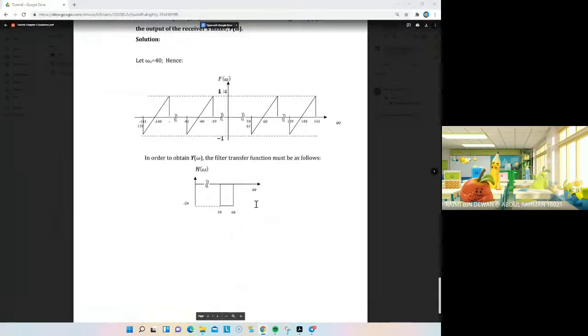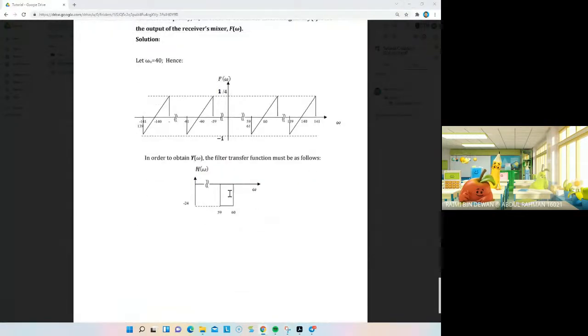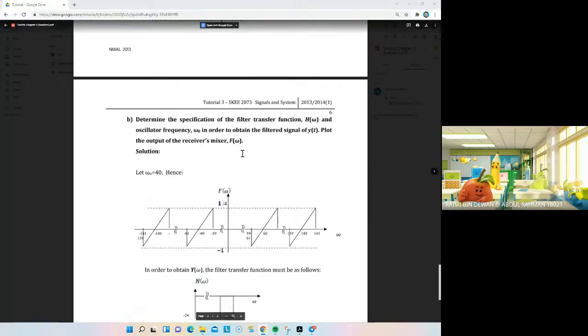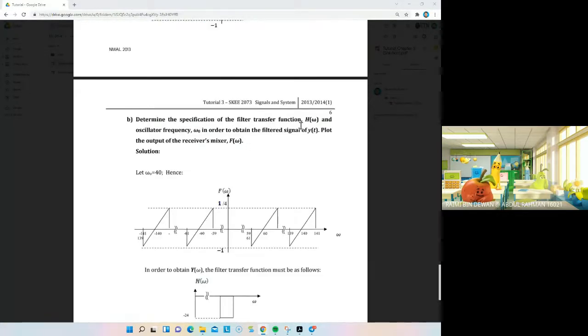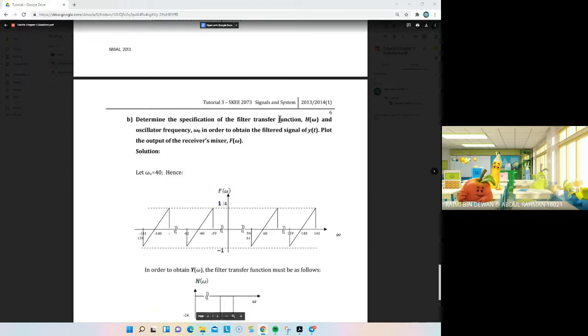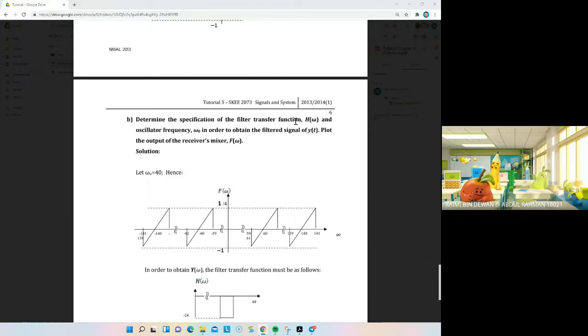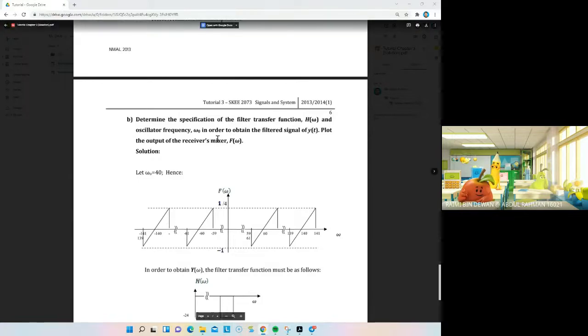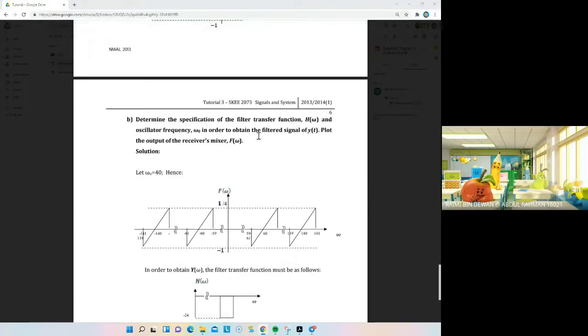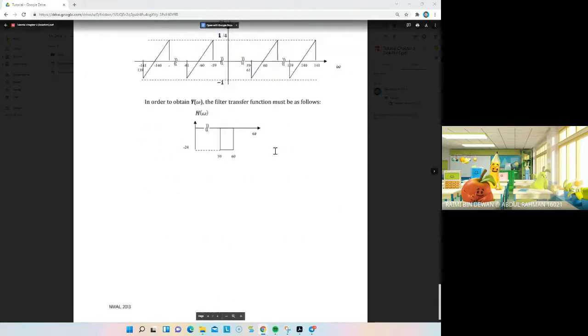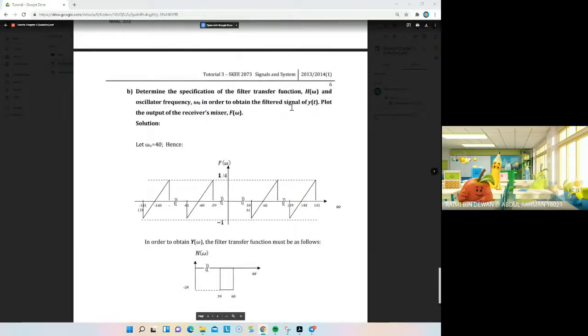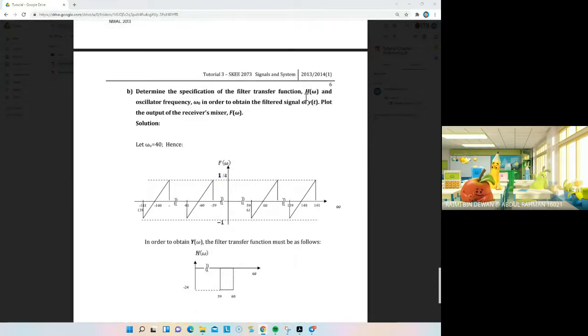So you can see this is in order to attain Y and the filter transfer function. Did they ask about this? Be careful of the question, sometimes you don't really read it correctly. Here it mentioned determine the specification of filter H omega, and then the oscillator frequency.